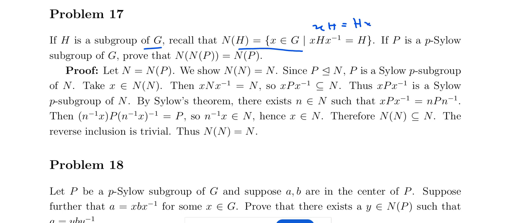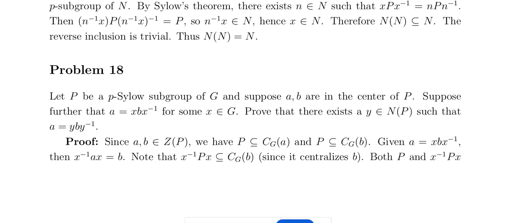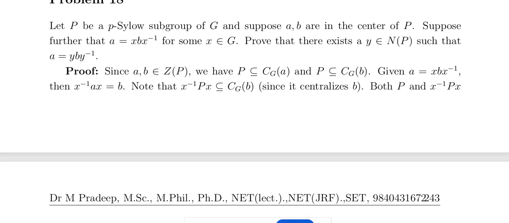So that collection is called N(H). If suppose P is a p Sylow subgroup of G, then N(P) is the normalizer of P in G. Remember, that is the p Sylow subgroup, called capital P. Suppose a, b are in the center of P, that is Z(P).